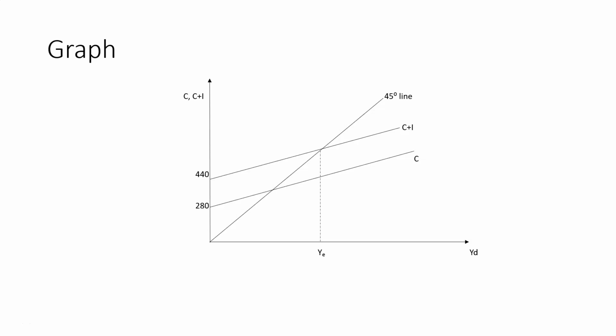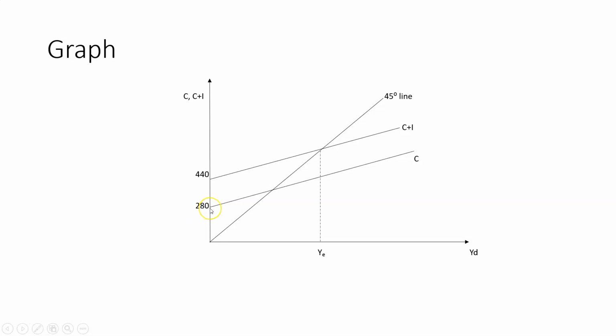Now, please note something very important, that the C line does not start at the origin. It starts up. And remember, along this axis, income equals 0. So if you go back to the original consumption function, how much would consumption be if you had no income? Well, that would be your autonomous consumption, and in the graph that we looked at, that was 280.